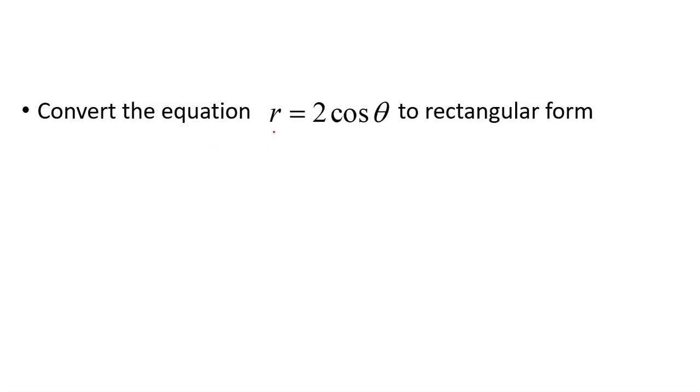So why don't I try to introduce it by multiplying both sides by r, right? And then maybe I'll end up with an r cosine theta on the right-hand side. So multiply both sides by r. If I do that, on the left side I end up with an r squared. On the right side, I end up with a 2 times r cosine theta.